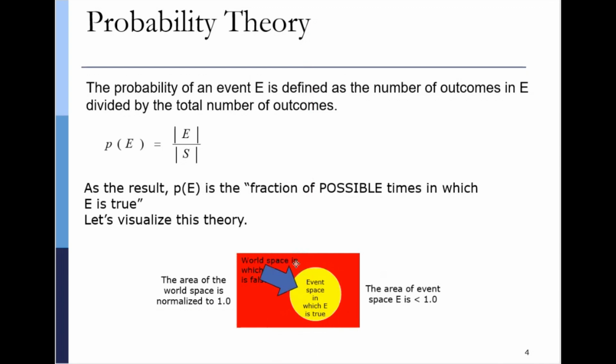So the area of the circle divided by the total area of the rectangle gives you the probability. So what is probability? Probability is you take the subset divided by the universe set.